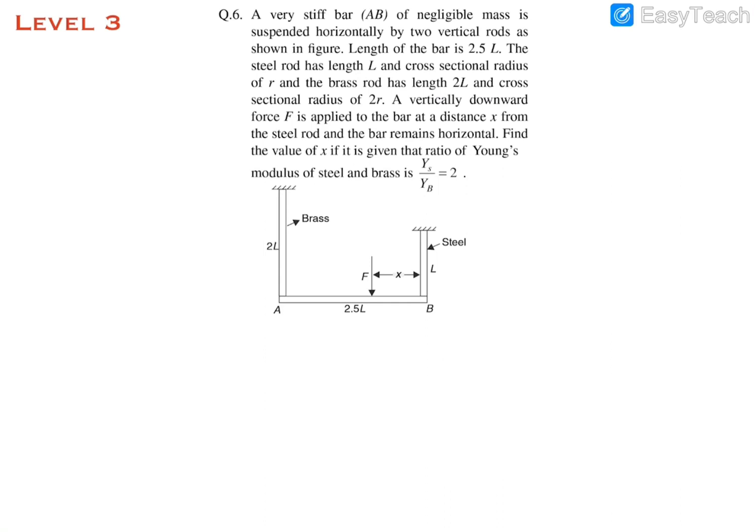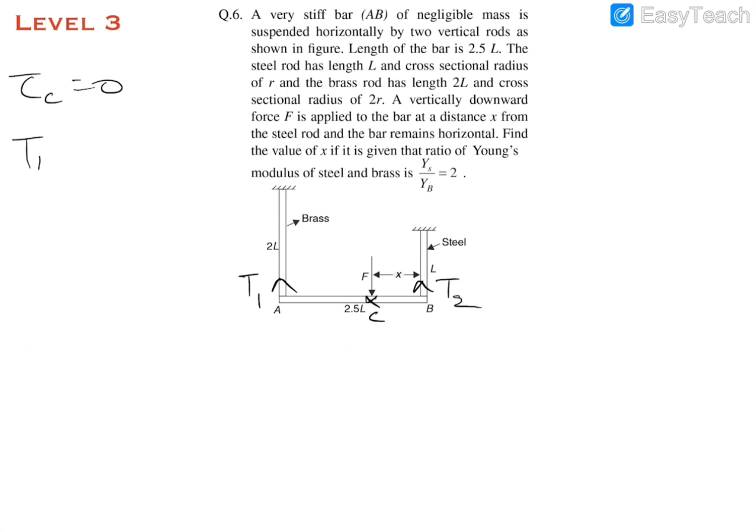Now let us first assume that the tension in the brass is T1 and the tension in the steel is T2. We know that the torque about this point, let's suppose this point is C, will be 0 because the rod remains horizontal.